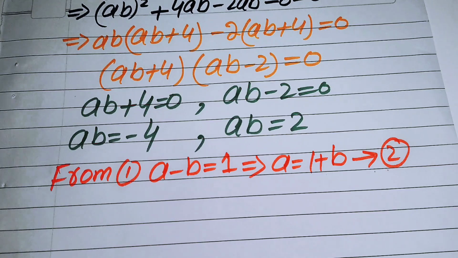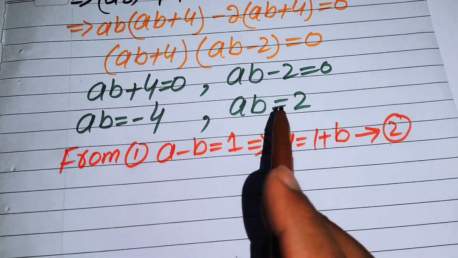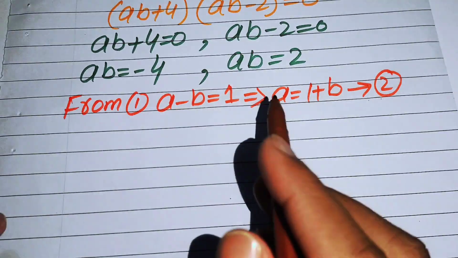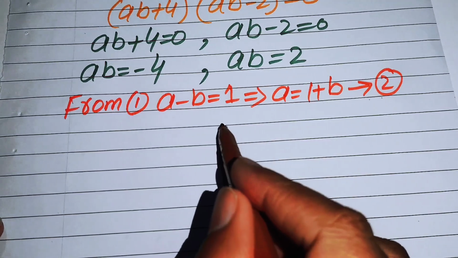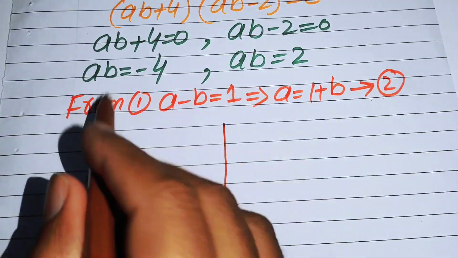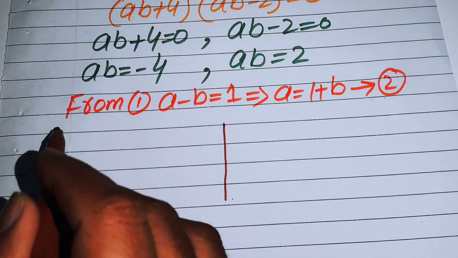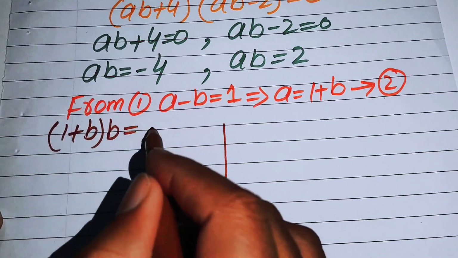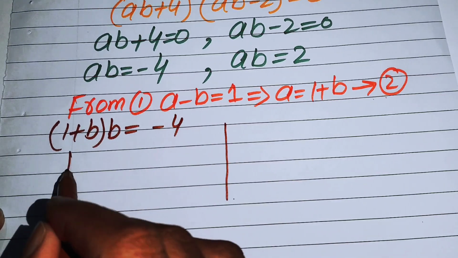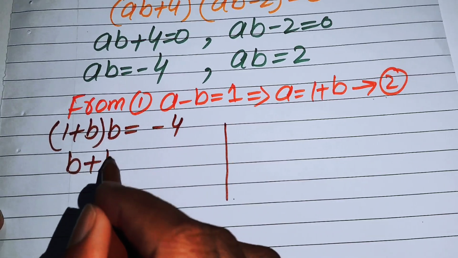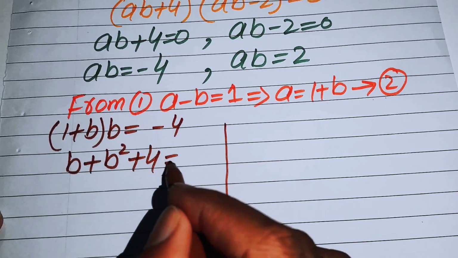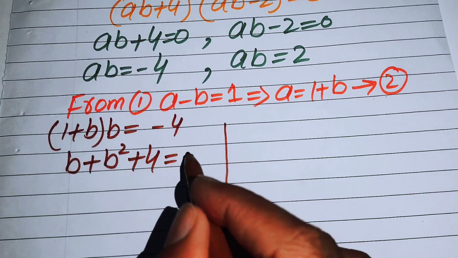And now we will just put here the values of a in both of the above expressions, so that the above expression becomes in this form after putting the values of a here, so that it is equals to (1 plus b) times of b equals to minus 4, and when we multiply this b, you get here b plus b squared, and we move this minus 4 to the left hand side, and it becomes plus 4 equals to 0.